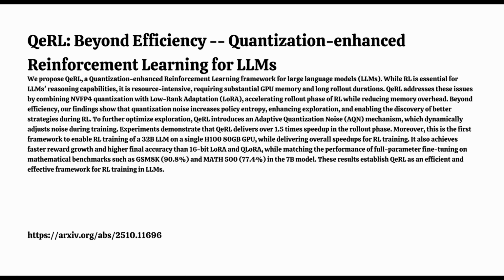According to them, this performance basically matches full parameter fine-tuning, so no real loss in capability despite the compression and speed. And this held up across different model sizes. It did. They tested 3B, 7B, 14B, and 32B models, and QeRL consistently outperformed vanilla LoRA on these mathematical reasoning tasks.